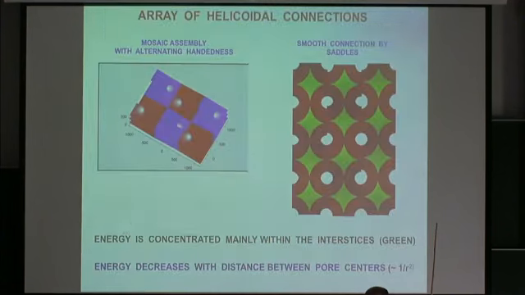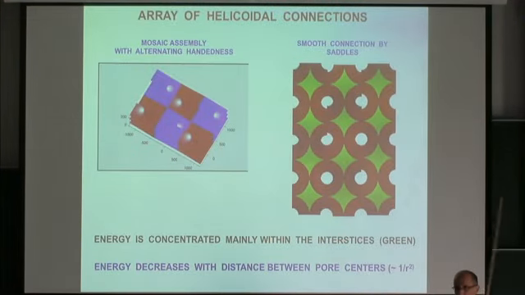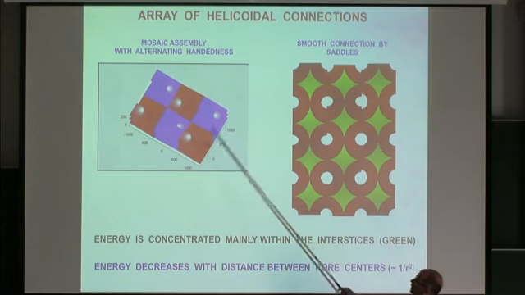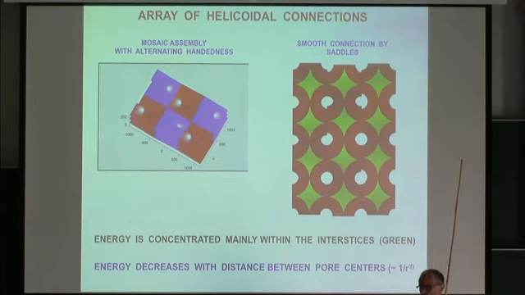A little problem was to see how to bring these helicoids into one array, because it was clear to us that once we try to bring them into one array, they will deform each other and deviate from this nice minimal curvature shape. But it turned out that if we take right-handed helicoids and left-handed helicoids and peg them into such a checkerboard structure, this frustration will be minimal. And so we did it.